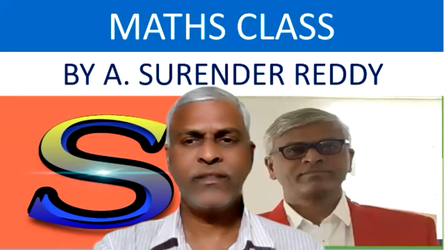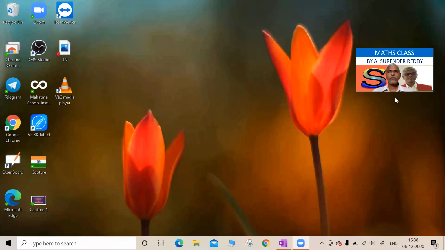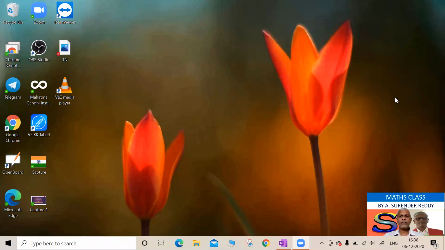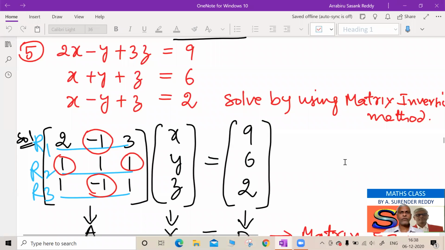So in continuation with the last class, we are dealing with solving the system of simultaneous equations by using matrix inversion method.